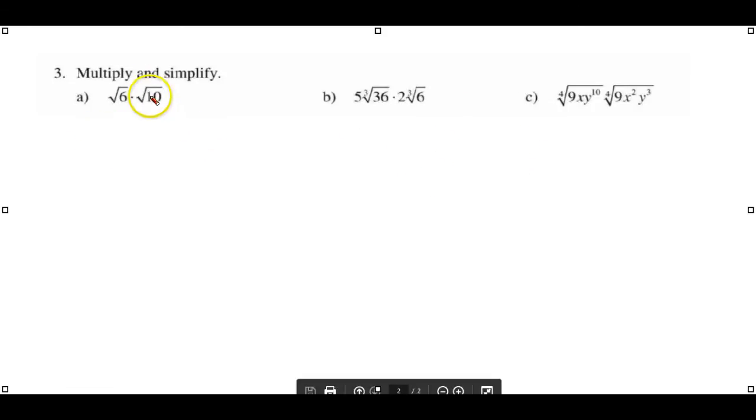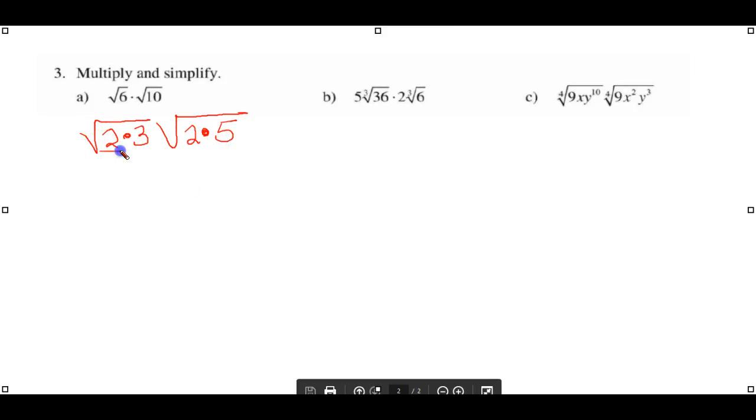Now, a little bit of bringing what we've just had into here. Another way of looking at it is we want to multiply and simplify. So if we factor this, this is 2 times 3, and if we factor this, this is going to be 2 times 5.